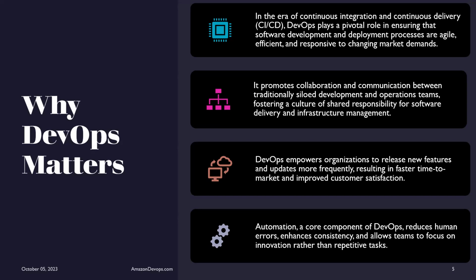Development was all by itself, and mostly focused on coding and developing the features of the software. Those two departments were separate, which means there were so many barriers between them. There was no communication and no collaboration. And of course, DevOps came in and is able to solve that issue.